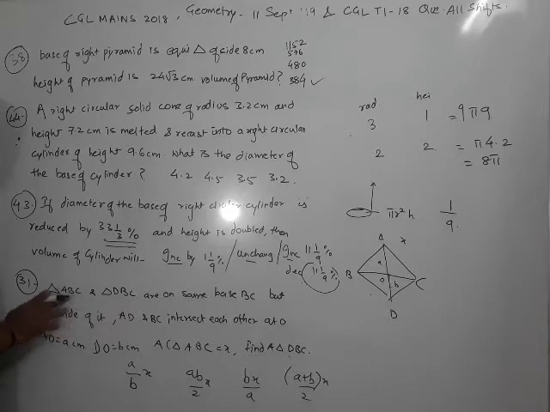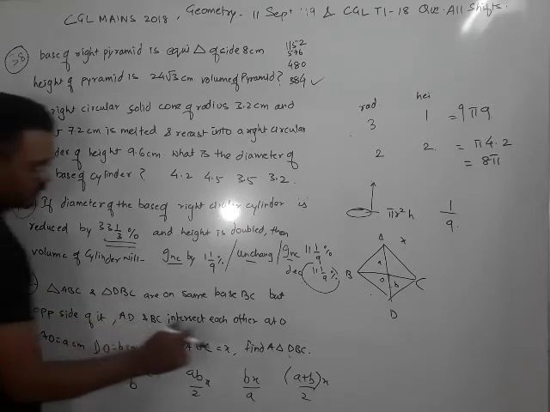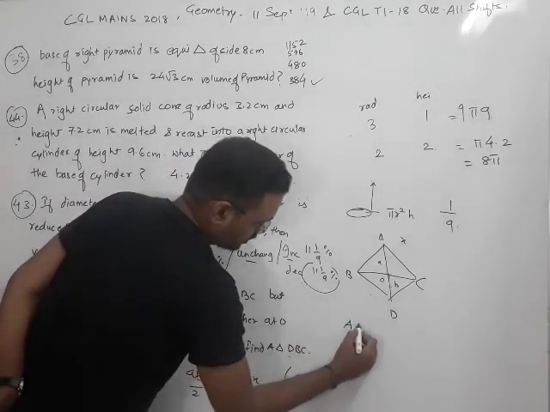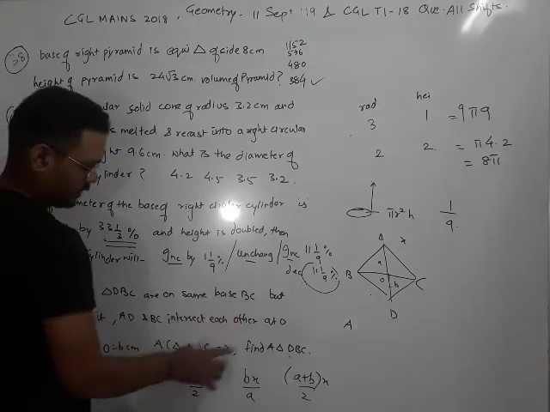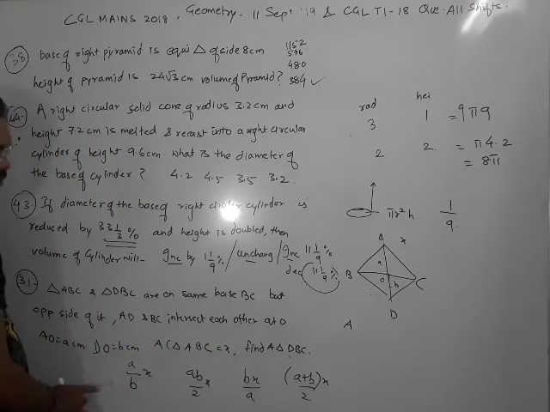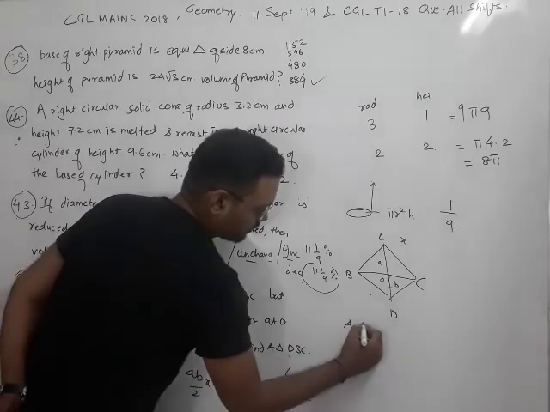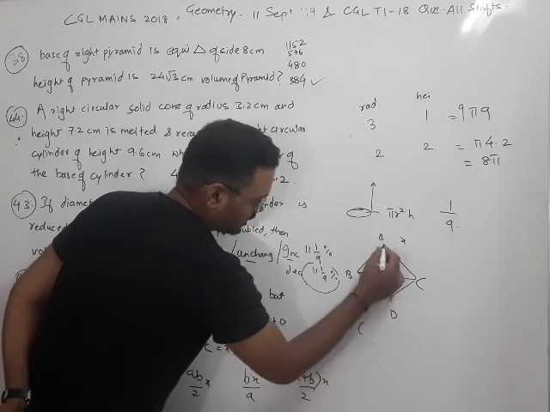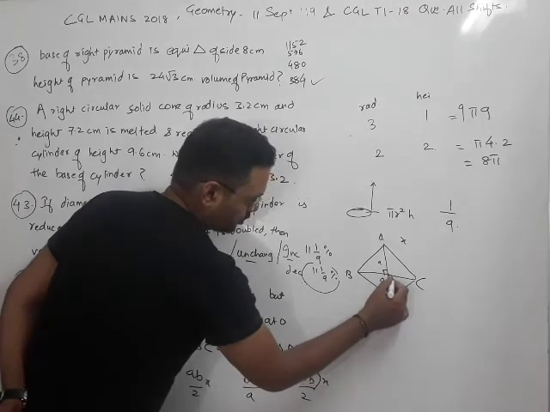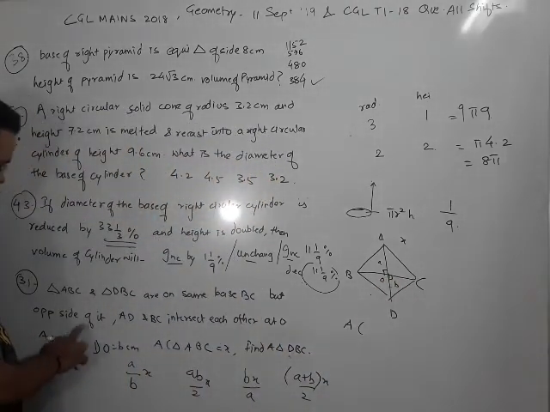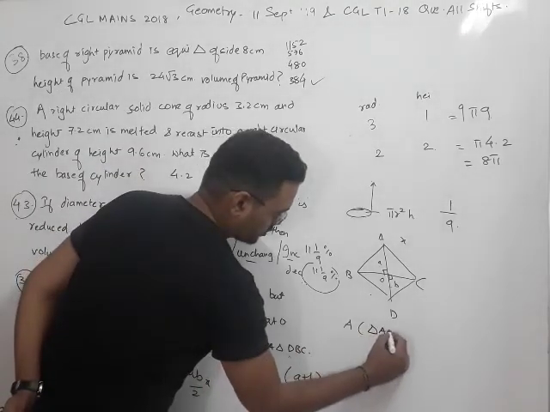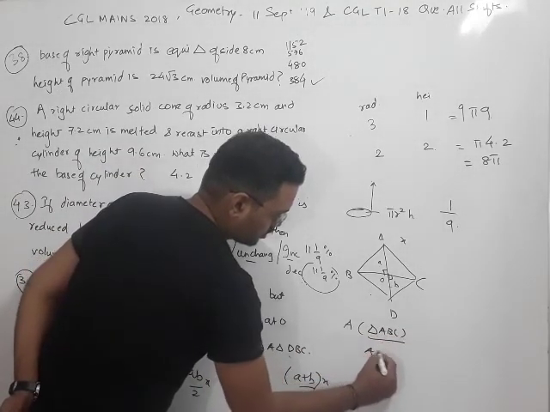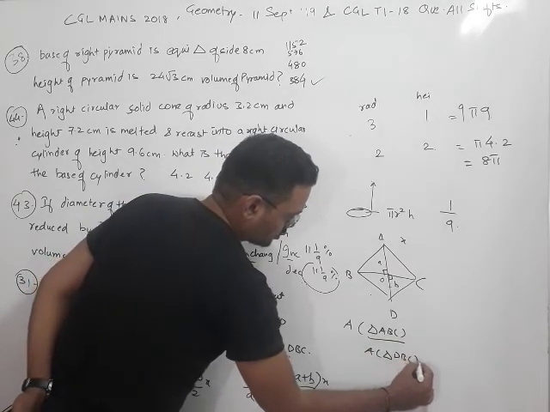Then there is one more approach to it. ABC and DBC are on the same base. Now if you see, I need something in this denominator and numerator with the help of the sides. So area of triangle, these are the heights. Area of triangle ABC upon DBC is what?